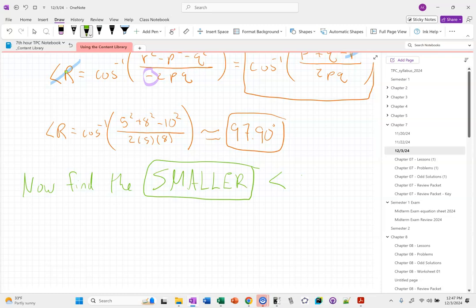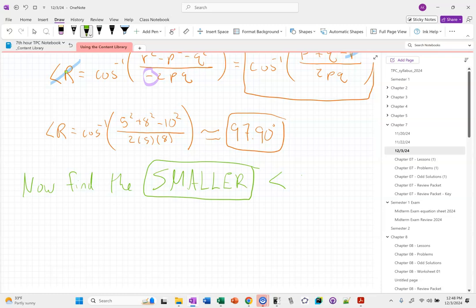If you don't go in this order, sometimes it might work out fine. It might not be an ambiguous case problem that has two triangles, but sometimes it might. And when it does, the angle you find is not going to be the angle you need first. So it's just easier to remember the order.